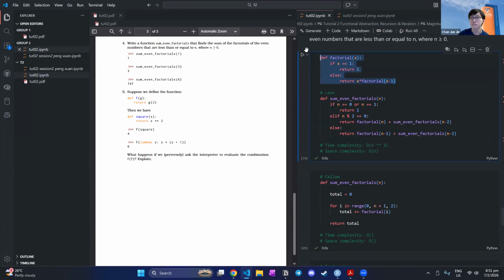For space complexity, the space complexity of the factorial function is O(n) because of the n recursive calls. The maximum size of the recursive call stack will be n. But over here, even though in sum even factorials you call factorial recursively n divided by 2 times, every time it calls factorial, it will evaluate it fully first.